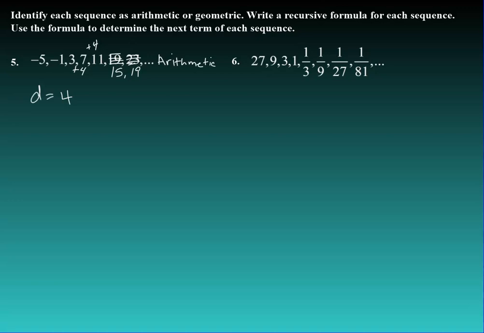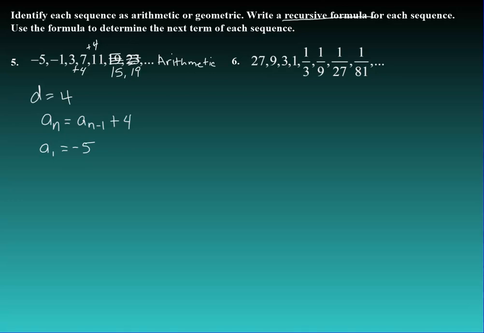And so we want to get a recursive formula, so we need to know just the d. So the recursive formula is a sub n is equal to a sub n minus 1 plus 4. Typically, when we write it, we also write the first term. That way we know what number was used for the actual sequence itself.